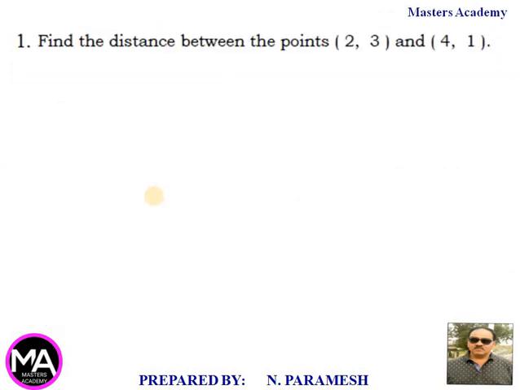First problem, find the distance between the points (2, 3) and (4, 1). Answer, (x1, y1) is equal to (2, 3), (x2, y2) is equal to (4, 1).